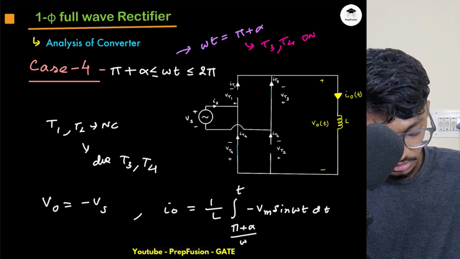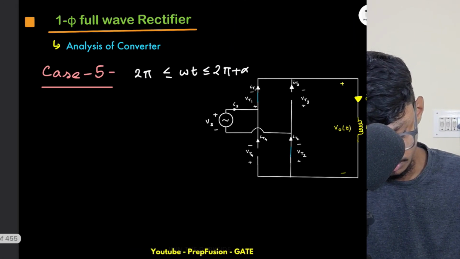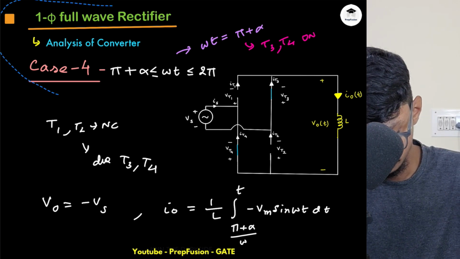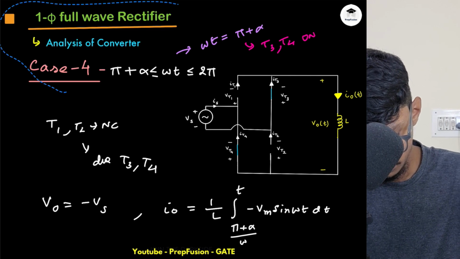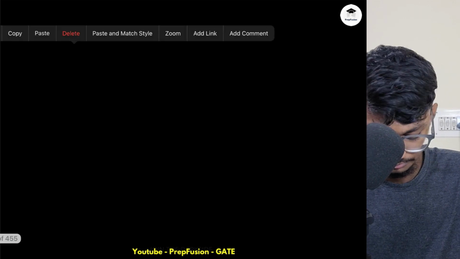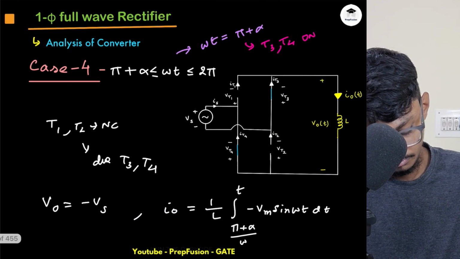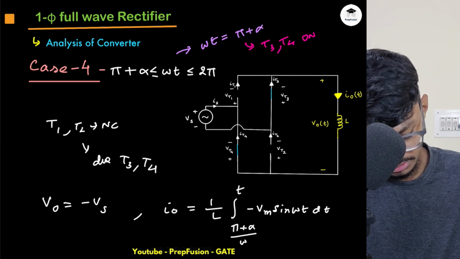Okay, so now if I integrate, again the things will be a bit difficult here. I have to take care of the initial conditions as well. So this will be simply sine of pi plus alpha.